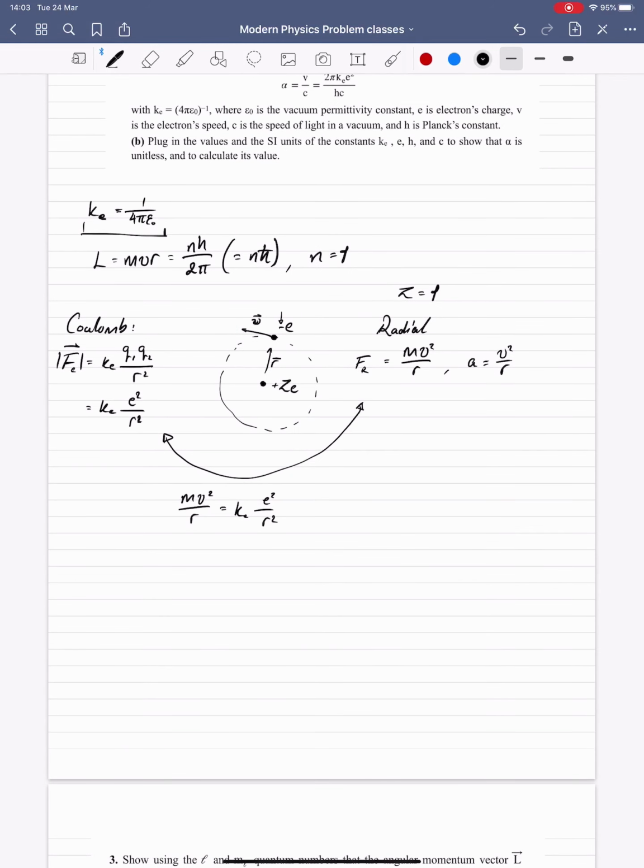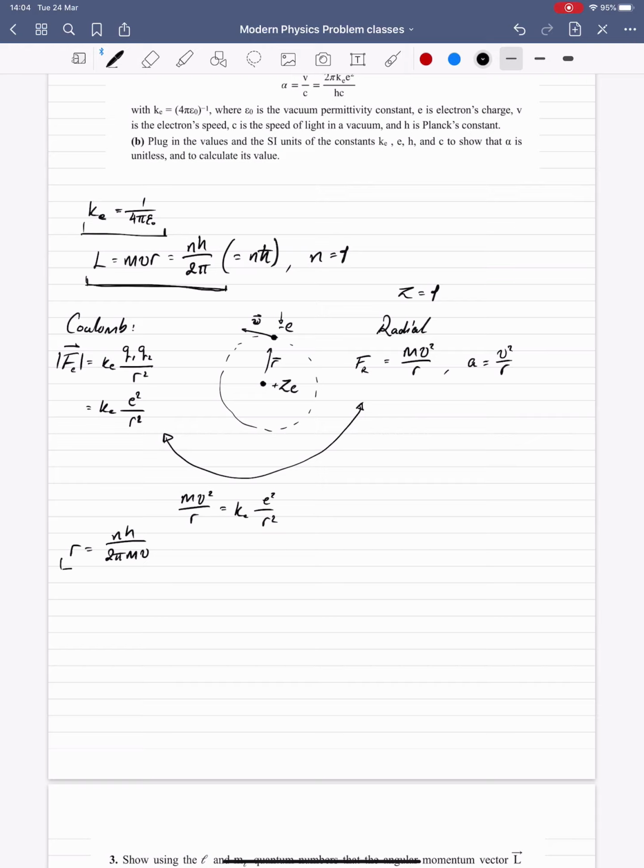Right, now from the equation up here, we can solve for r, ignoring L. So I'm going to write it down here. Just divide both sides by mv. We get nh over 2 pi mv over here.